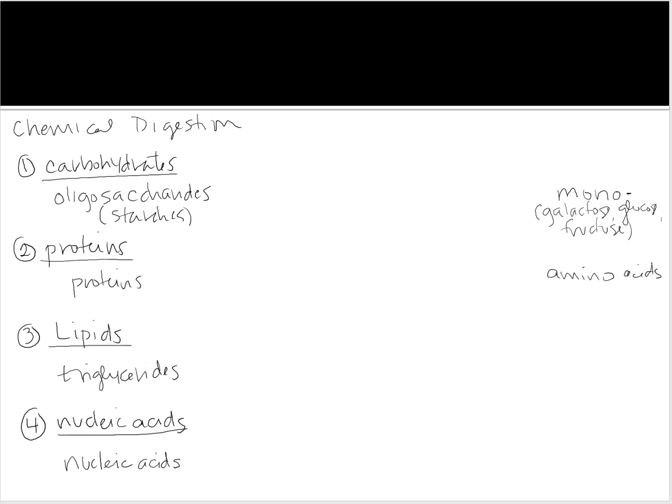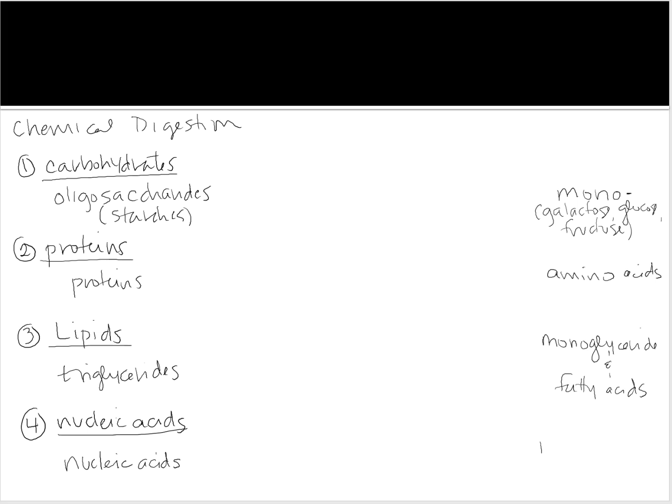Our lipids are broken down into 2 things. If you remember, hopefully you all remember, monoglyceride and fatty acids. And the last thing that gets broken down, or not necessarily the last in order, we also have our nucleic acids.